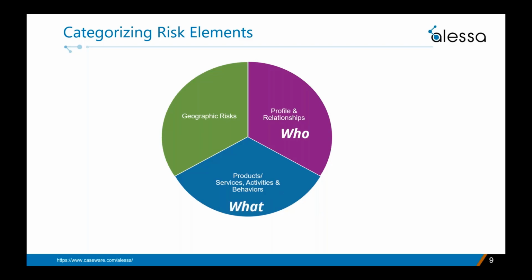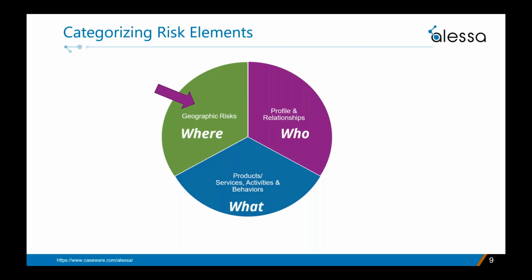So if you think about it, the first category is about who the customer is. The second category is about what the customer does, and the third category, geographic risk, is about where the customer does it. It being payments, both incoming and outgoing, locations of assets, business relationships, and so forth.